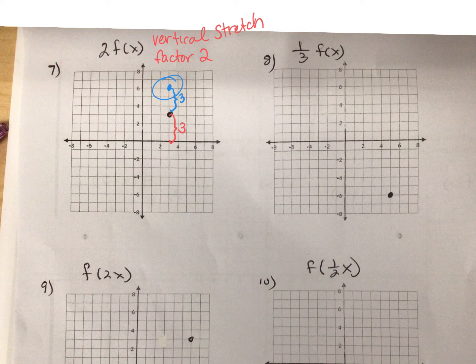Why was it a stretch again? A stretch, because the factor 2 is greater than 1. Remember, if a is greater than 1, it's a stretch. And if it's between 0 and 1, it's a shrink. Yes, Gabriel.